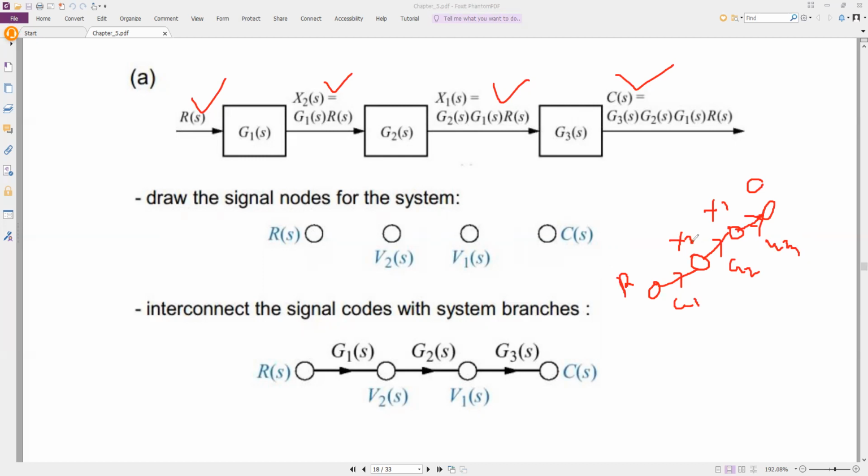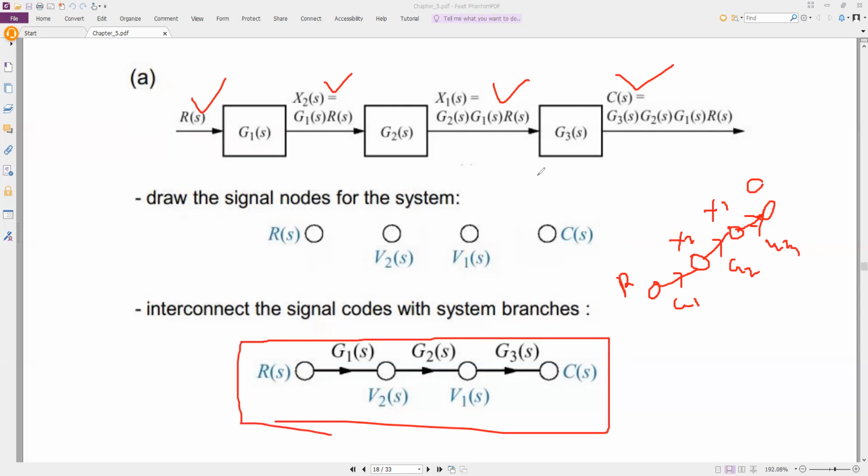It is R, X2 or V2 or V1, C(s), whatever it is. So you have to draw the node first, then the branch. You can easily calculate. So that is the final answer. So they have converted it to the signal flow graph.